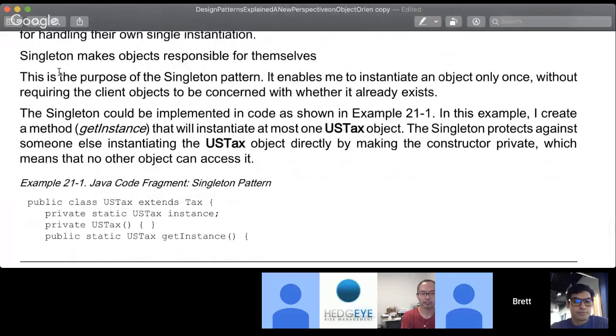And basically at the end, he just says, this is the purpose of the singleton pattern. It enables me to instantiate any object only once without requiring the client objects to be concerned with whether it already exists.